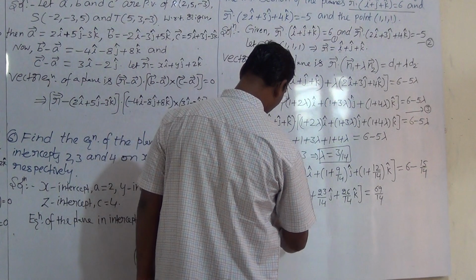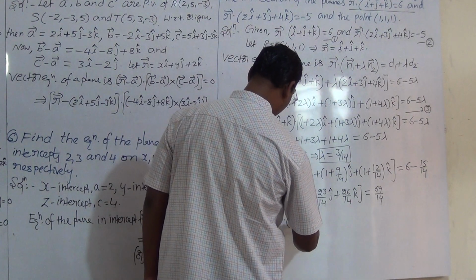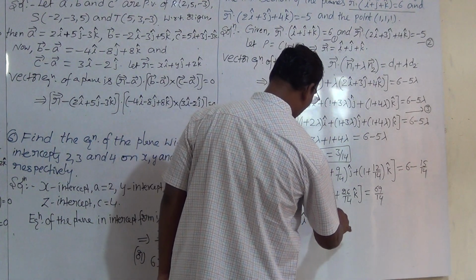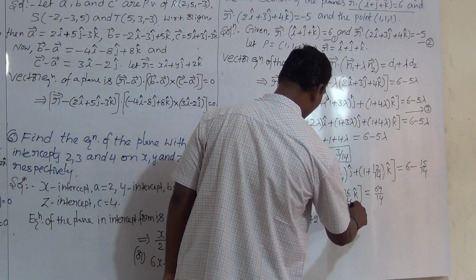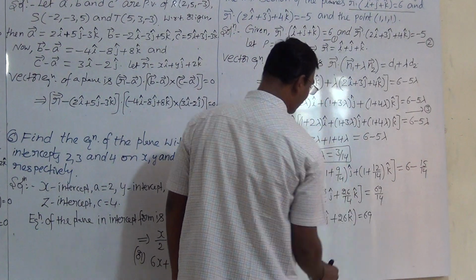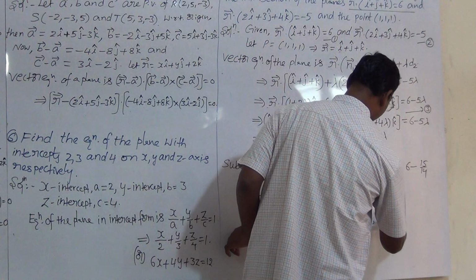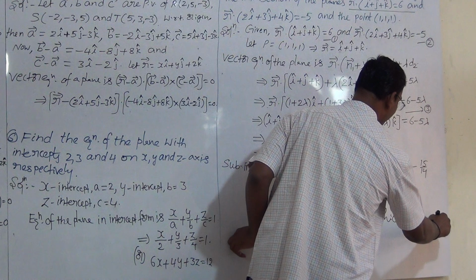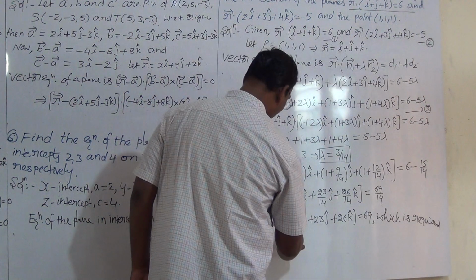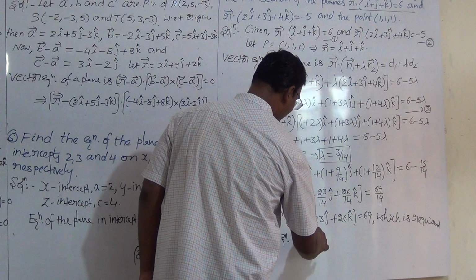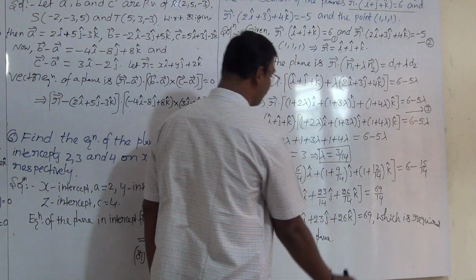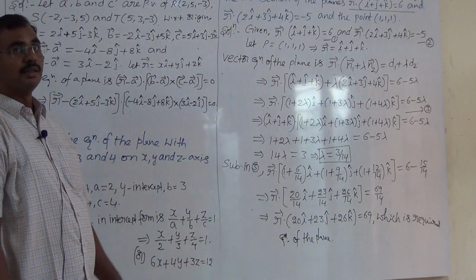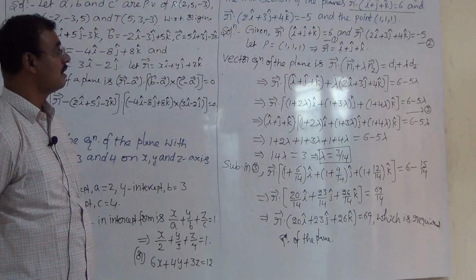What is the remaining? r bar dot (20 i cap plus 23 j cap plus 26 k cap) equals 69, which is the required equation of the plane. So this is our final answer, the required equation of the plane.